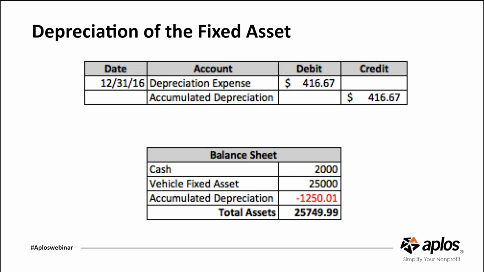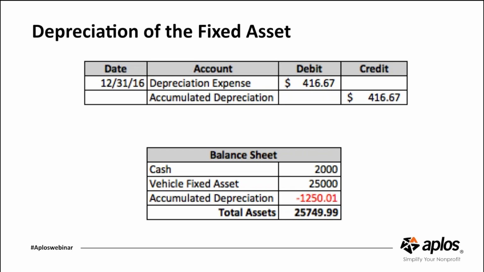So let's say at the end of the year, I've got $2,000 worth of cash, and I just put that in there to show you something else on the balance sheet. My vehicle fixed asset is $25,000. So the asset value on your books for the fixed asset doesn't change. It's the net that changes, right? The vehicle is still worth $25,000, but I have accumulated depreciation of $1250.01, which is 3 months, October, November, December, of the $416.67.